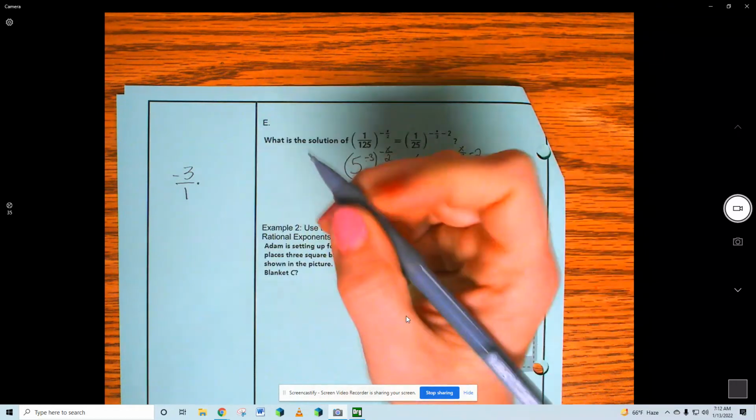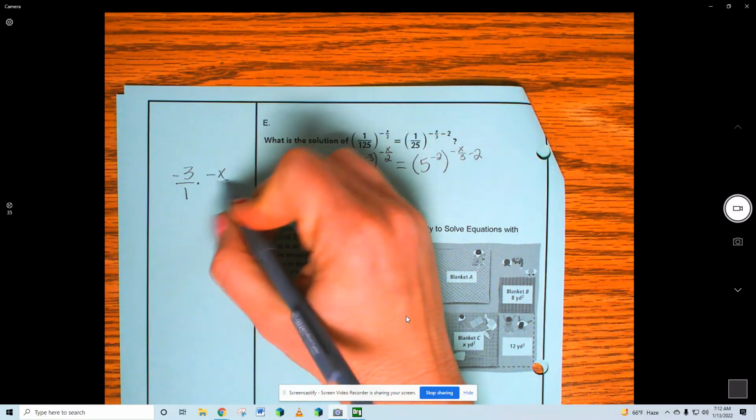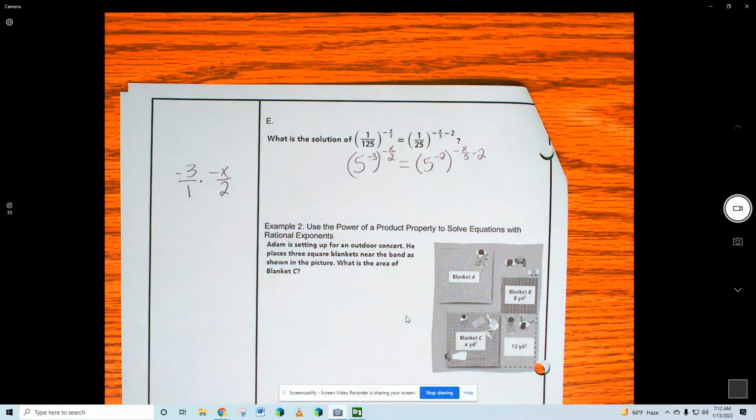So what is 3 times negative x over 2? What is that? It's two fractions being multiplied. We did fractions earlier last week. What do I do? Multiply straight across. What do I get?